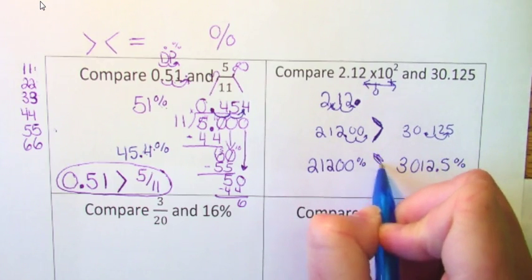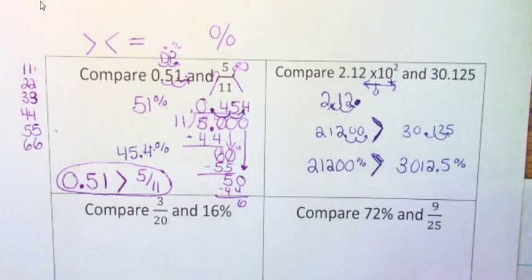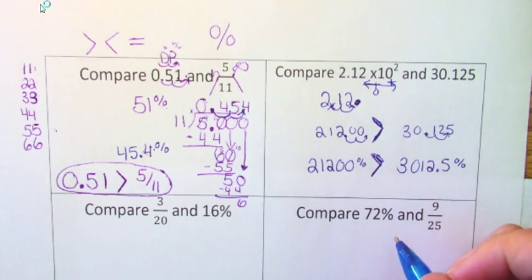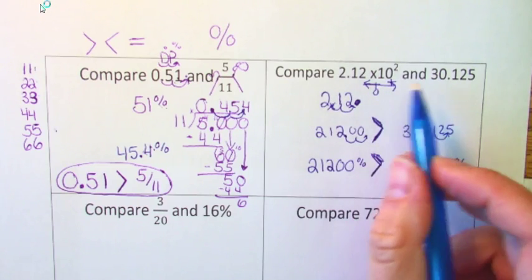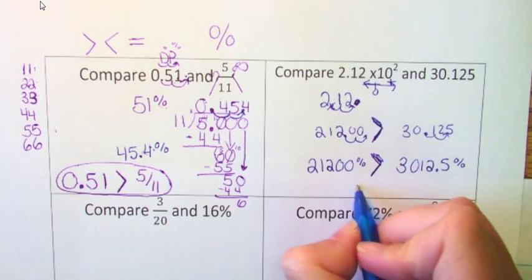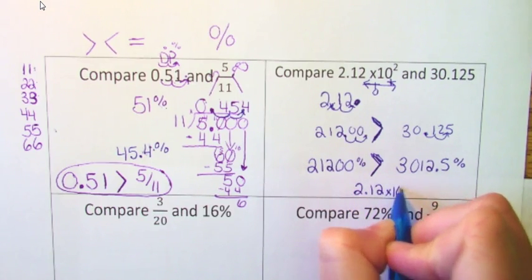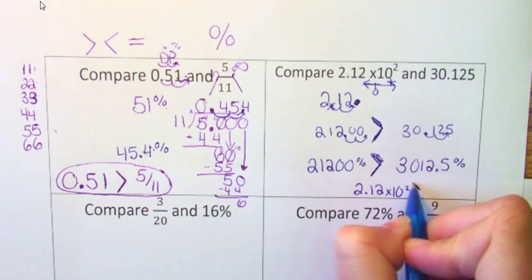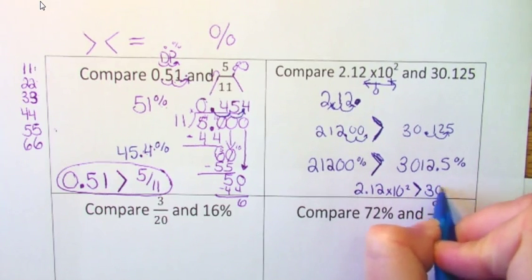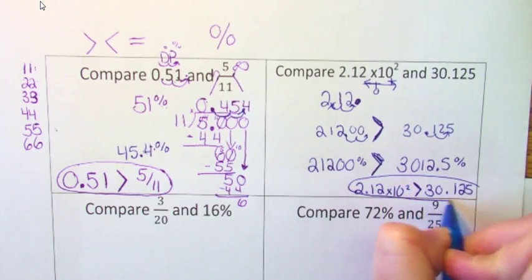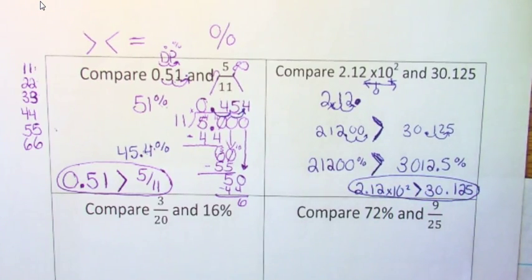So it's still going to be larger. 21,200% is still larger than 3,000. So for my final answer, don't forget you have to put this back into regular form. So I'm going to put 2.12 times 10 to the second power is greater than 30.125. I'm going to circle that as my final answer.